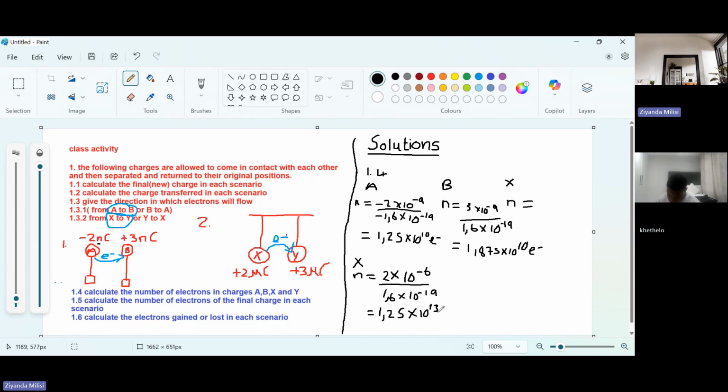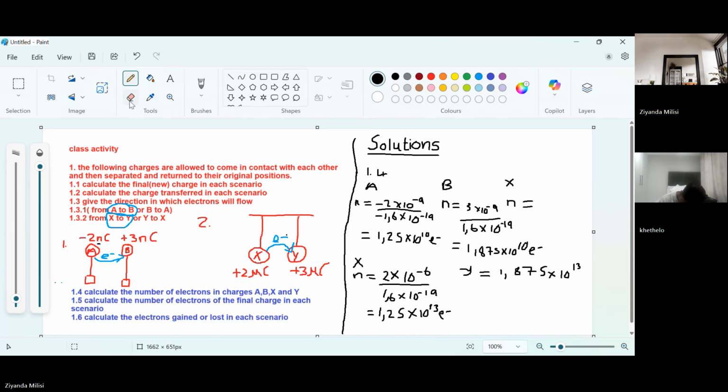This is the number of electrons. Then for Y, the answer will be 1.875 times 10 to the power of 13.